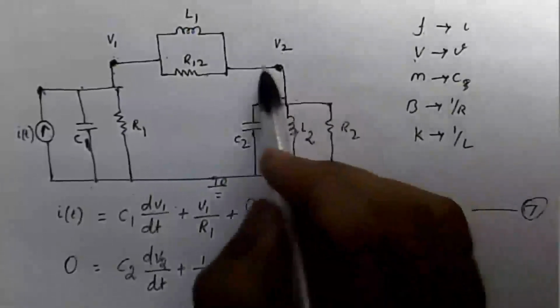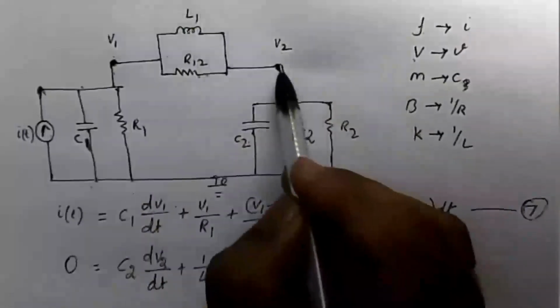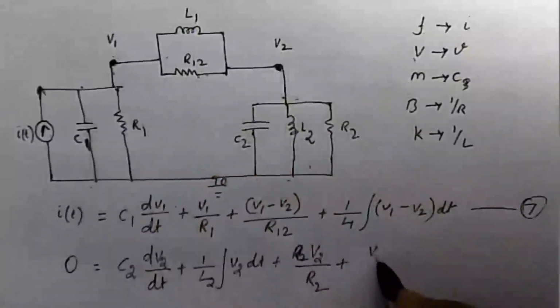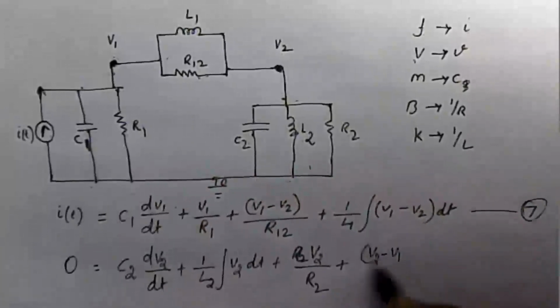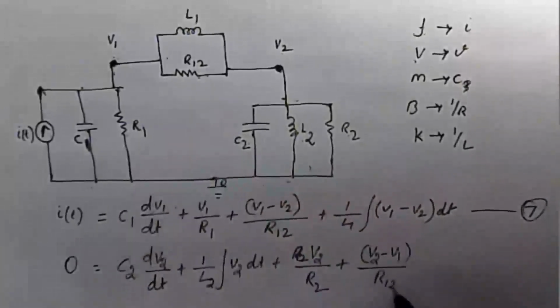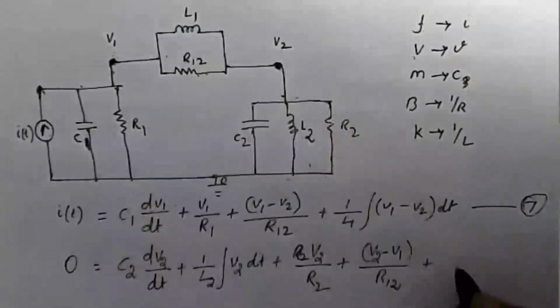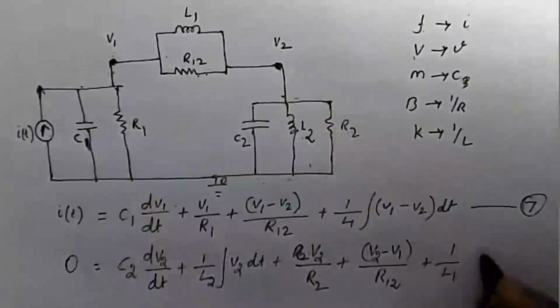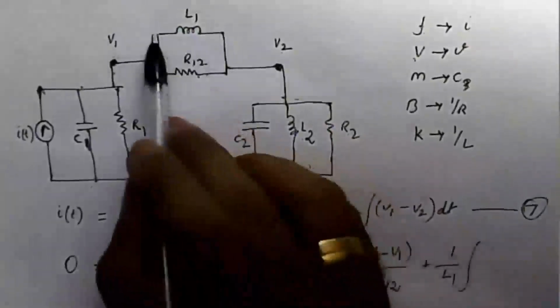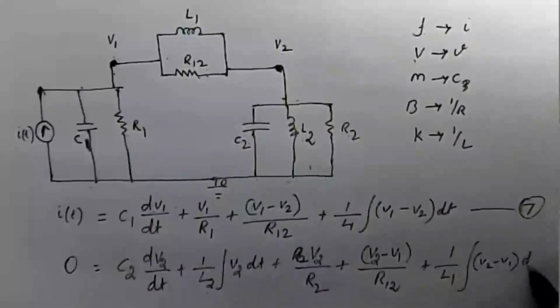Plus the current flowing through the resistance R12, which is V2 minus V1, the potential difference across the resistor, divided by R12, plus the current flowing through the inductance, 1 by L1 integral. The voltage across the inductance is V2 minus V1 into dt.